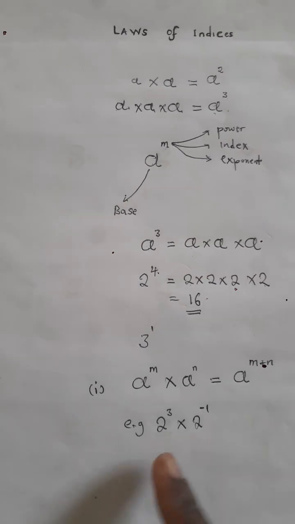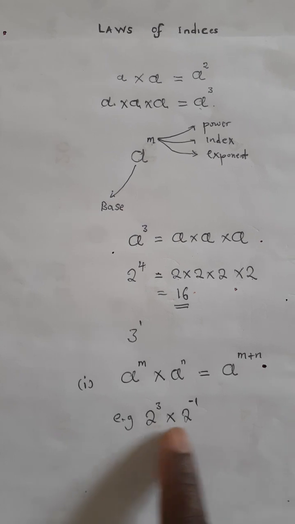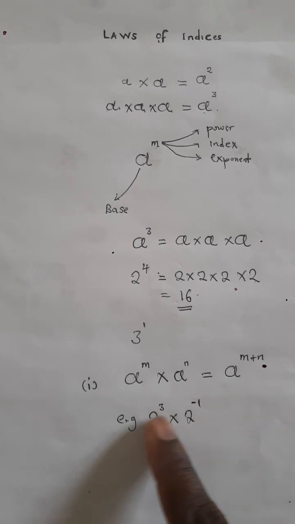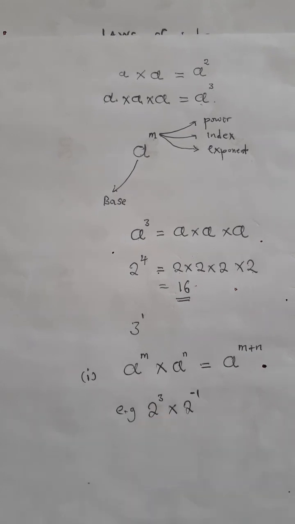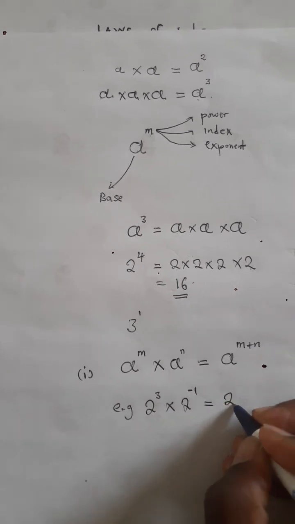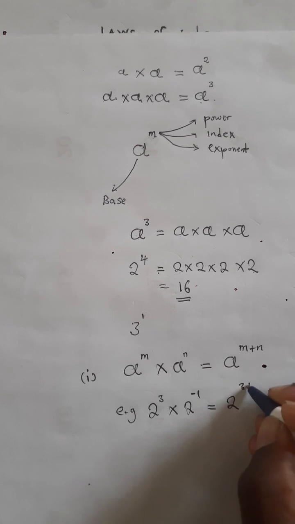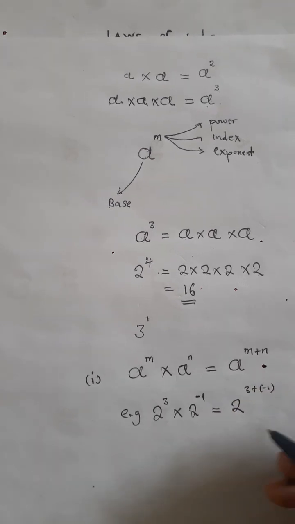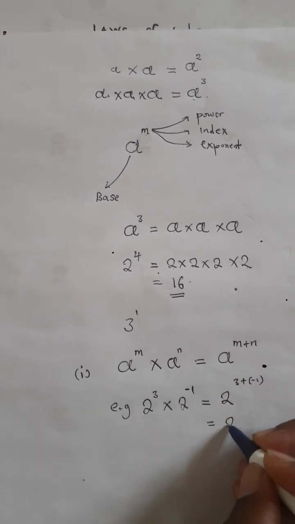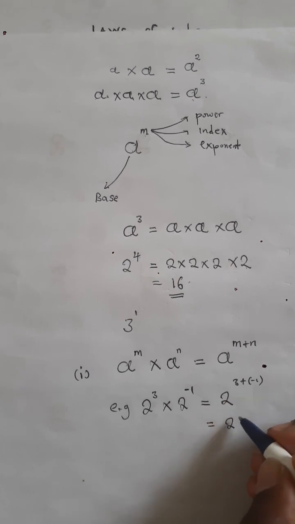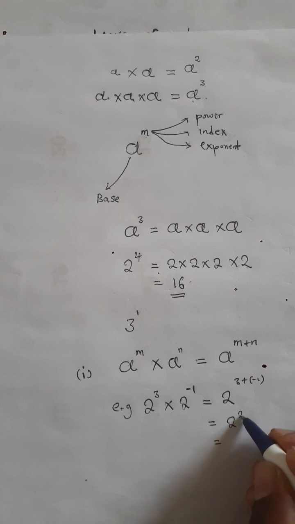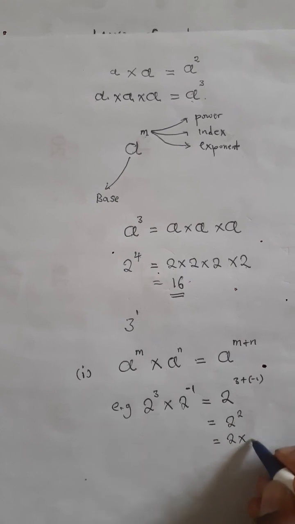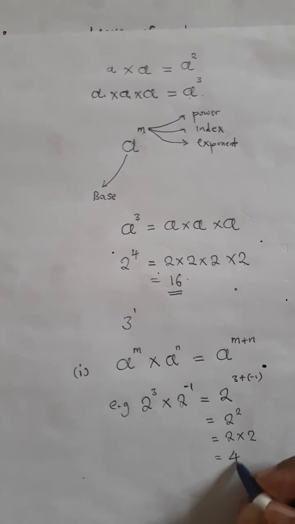As you can see, the base is 2, it's the same. It doesn't matter whether the powers are the same or not. As long as the base is the same and you're multiplying, you say 2 to the power 3 plus -1, which gives you 2 to the power 2, which is 2 times 2, so this will give you 4.